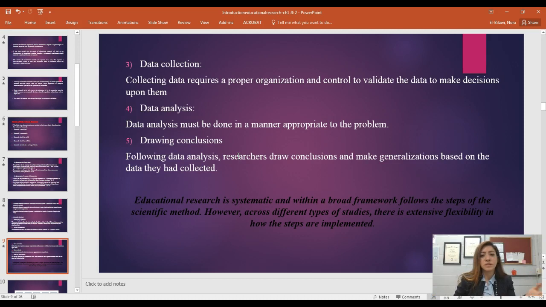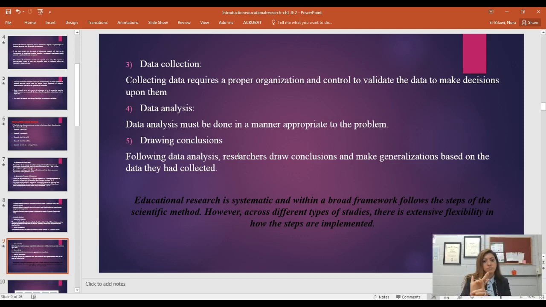Maybe the others did exactly the same, but I have a small piece that is different that I want to add to this area. So that makes my research more unique. Okay, so the problem, the questions, the literature review and finding where my uniqueness is. And then I start to collect data.